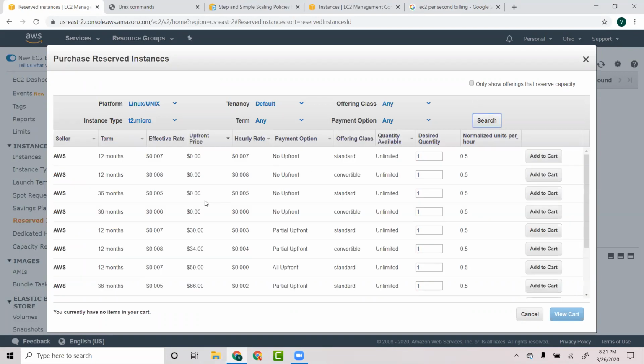Let's search for it. And then see this one. If I go for 12 months, I'm effectively paying, this is not even 7 cents, a 10th of a 7 cent. Upfront is this much, hourly rate is this. And if I go for a 36 months contract, let me add to cart.